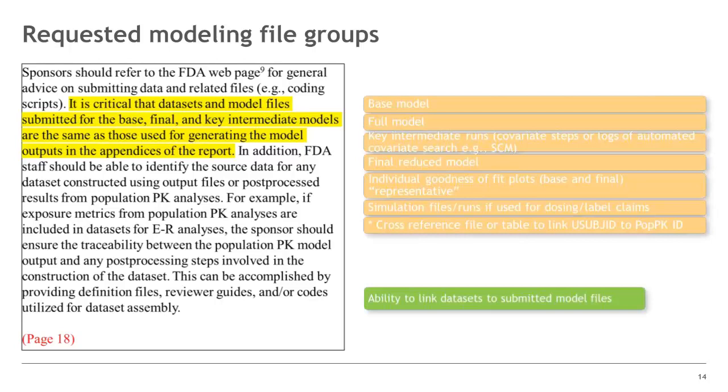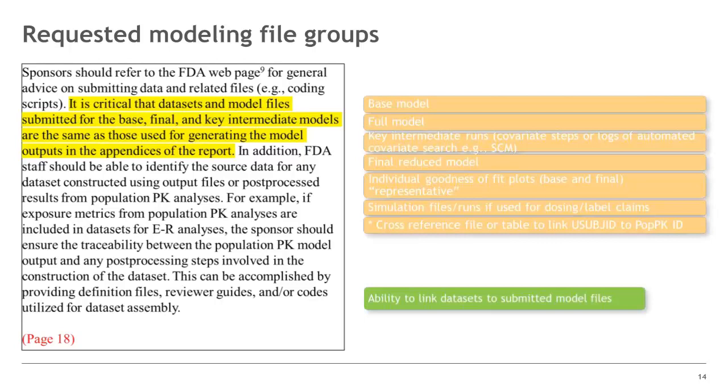If you do some sort of automated covariate testing, obviously the log of that automated testing showing the significance of each of the parameters that were evaluated and picked and included and retained is probably going to be good enough. But they want some sort of way of reproducing what was considered significant and then how you got to your final reduced model.